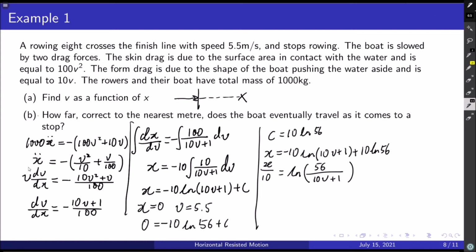And then we raise both sides to the power of e, so e to the power of x over 10 equals 56 over 10v plus 1.